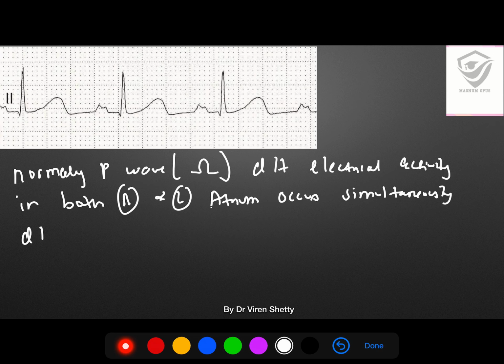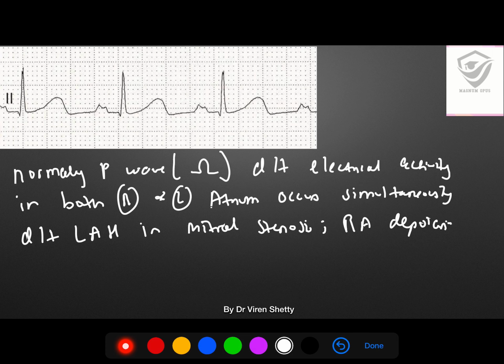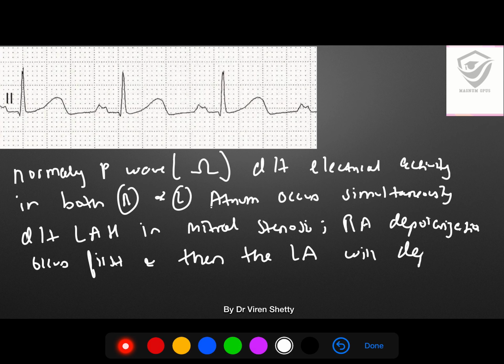But now, due to left atrial hypertrophy in mitral stenosis, the right atrium depolarization will occur first, and then the left atrium will depolarize.